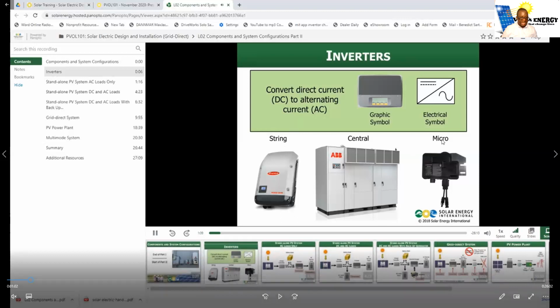The microinverter is another inverter that you install on your PV array. While you are mounting your array, you attach your microinverter to individual panels, or you can have a series of microinverters.